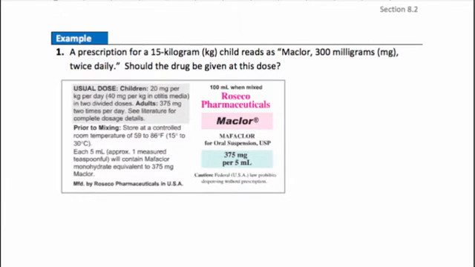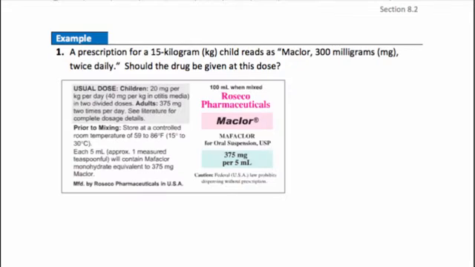Now let's take a look at an example that will help you understand how to determine if a prescription is safe or not. Example 1. A prescription for a 15 kilogram child reads Maychlor, 300 milligrams, twice daily. Should the drug be given at this dose?